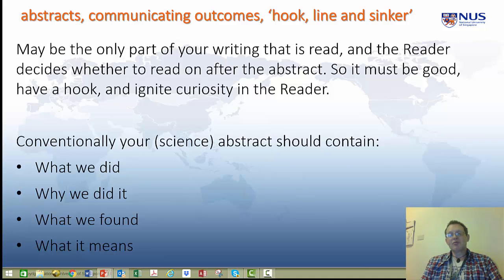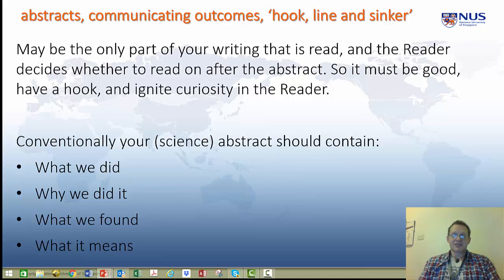But why is it the most important part of what you write? Because often, I can't say this politely, it's the only part of it that's ever read. If after reading the abstract, your reader is not desperately enthralled, or it doesn't quite press their buttons or whatever, it's maybe the only part of your paper they'll read. If you're submitting a paper to a journal, the editor will read the abstract.